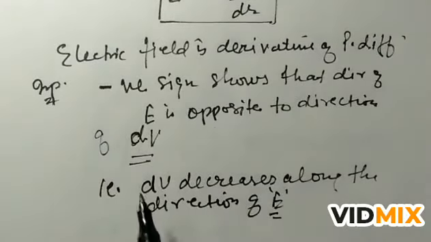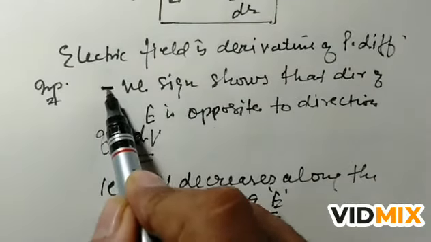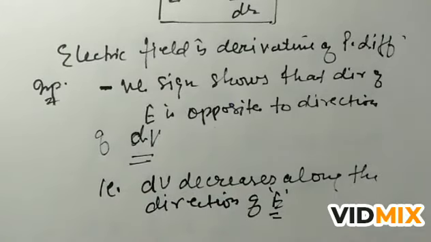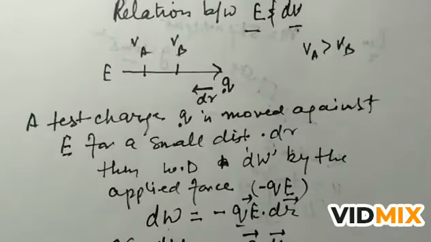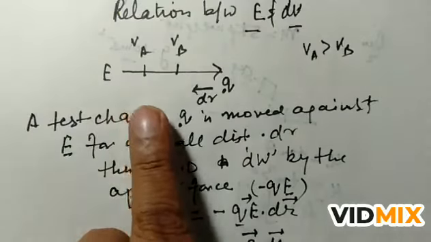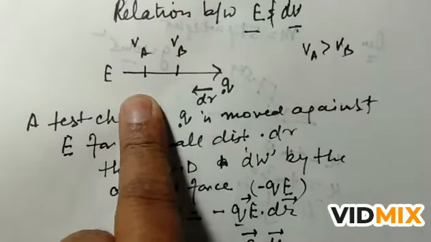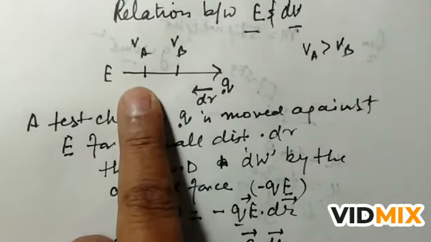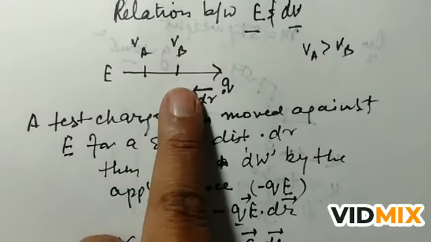So this is a very important point also. What is the meaning of negative sign? The negative sign means the potential decreases in the direction of electric field. So an electric charge experiences force to move from higher potential to lower potential.